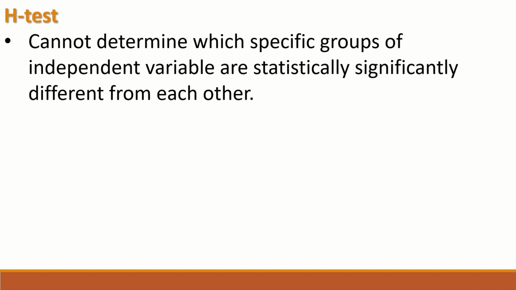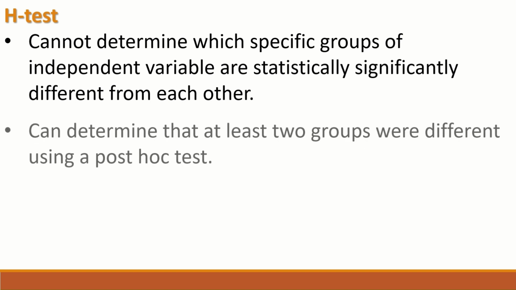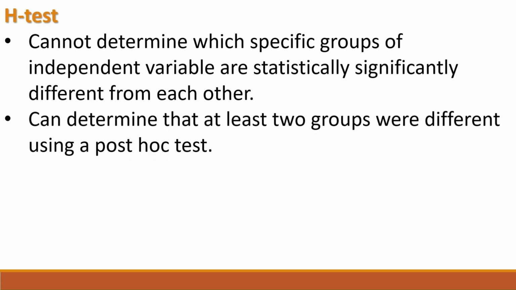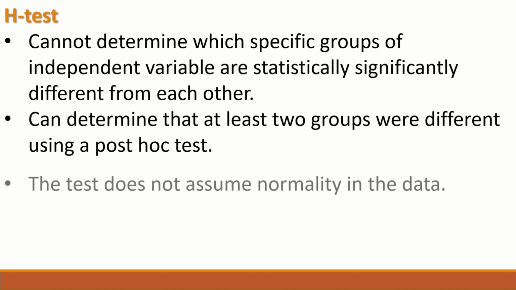It will only determine whether there is a significant difference between multiple groups, without specifying which groups are different. So to determine which groups are statistically different, a post-hoc test can be used.